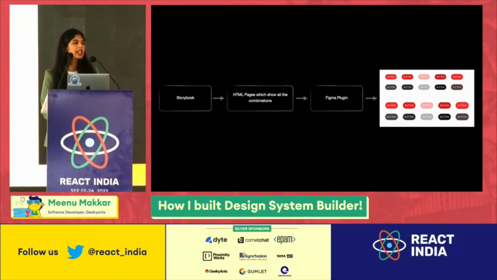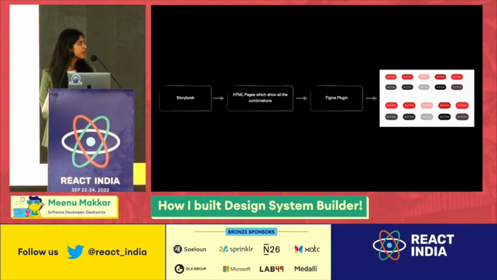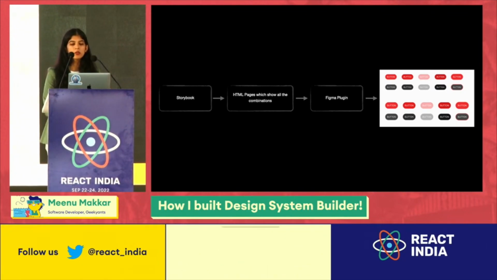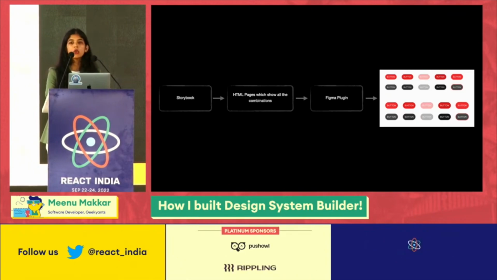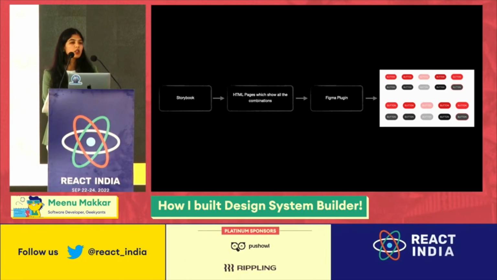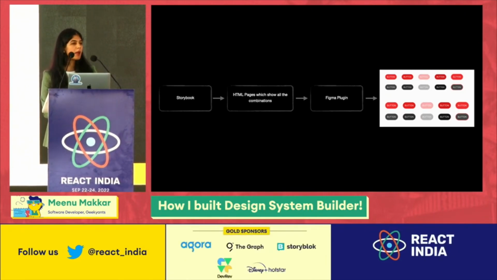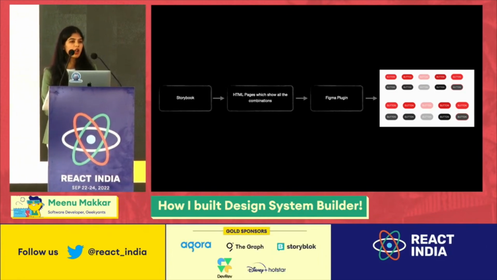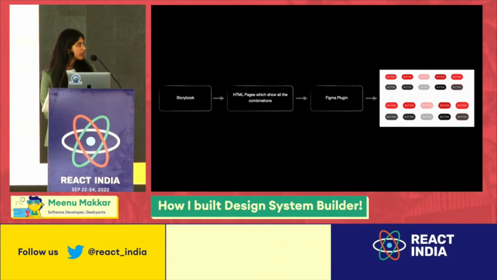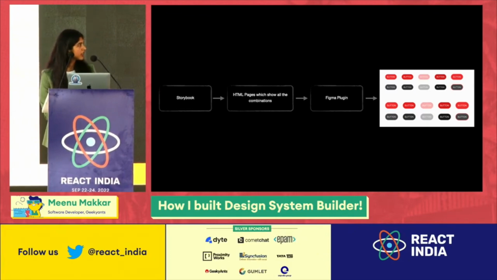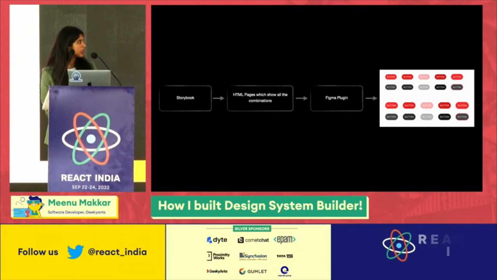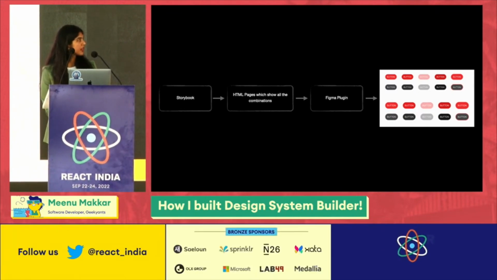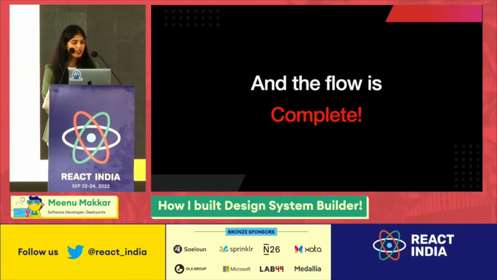We create HTML pages for all the variants, and then we have a plugin in Figma which takes all the inputs and variants from those hosted HTML pages and maps all the properties to make a Figma component library. The example that you see right here is a Figma component library automatically generated by that Figma plugin.